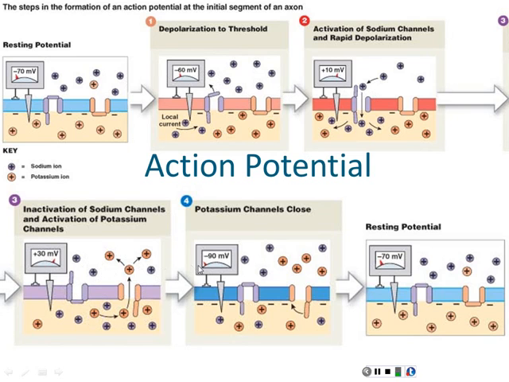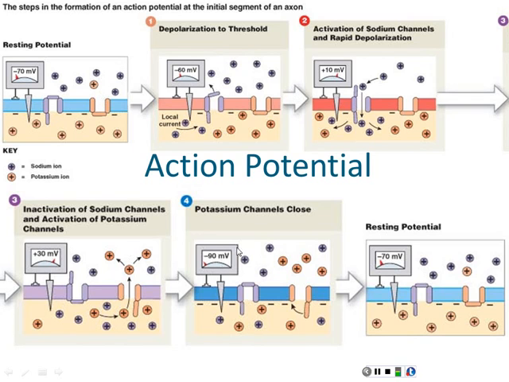So once the sodium gate is closed and the potassium gate opens, potassium rushes out, and what do we see in the voltmeter? A drop back down to negative. Why? Because potassium is carrying positive charge out of the cell. Sodium is bringing it into the cell, so we see depolarization. Potassium is taking it out of the cell, so we see repolarization and then even hyperpolarization as we get to minus 90.